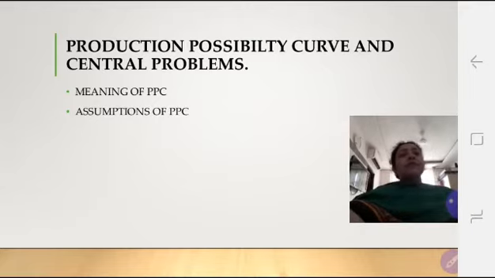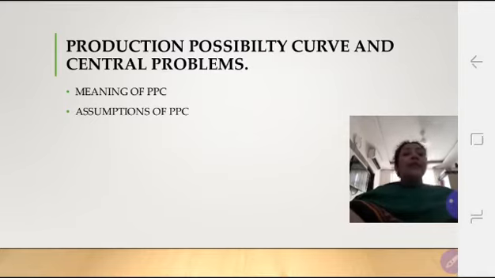Now, before studying or understanding the meaning of PPC, all of you should keep in mind the assumptions on which a PPC is based. Alright, so it has been assumed over here that we are considering only two products.